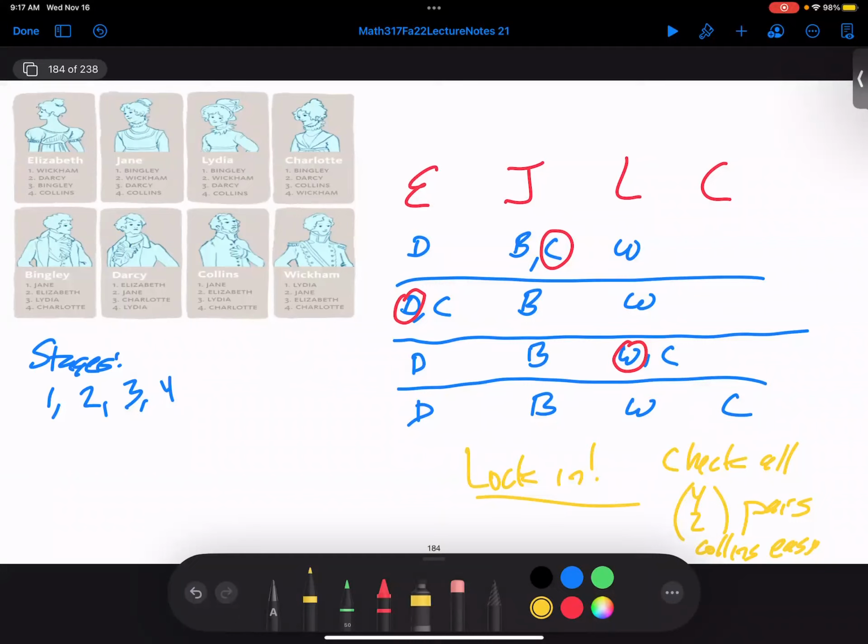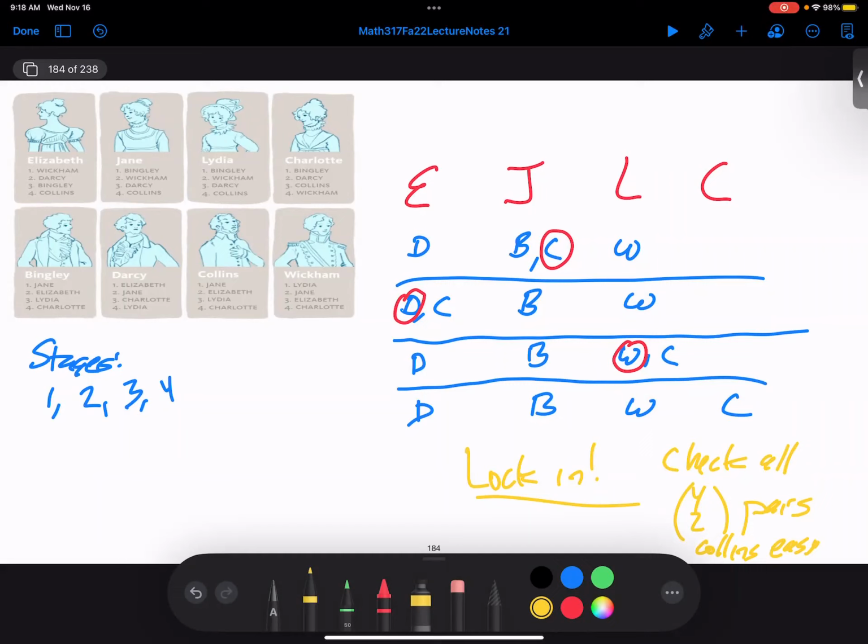3 of them we've already checked. We quickly checked and we saw that no one is going to want to switch with Charlotte and Collins because nobody wants Collins. So there's no danger of that. So now I have to go through Elizabeth, Darcy, and maybe Jane and Bingley want to switch with them. Elizabeth ended up with Darcy, that's her number 2.